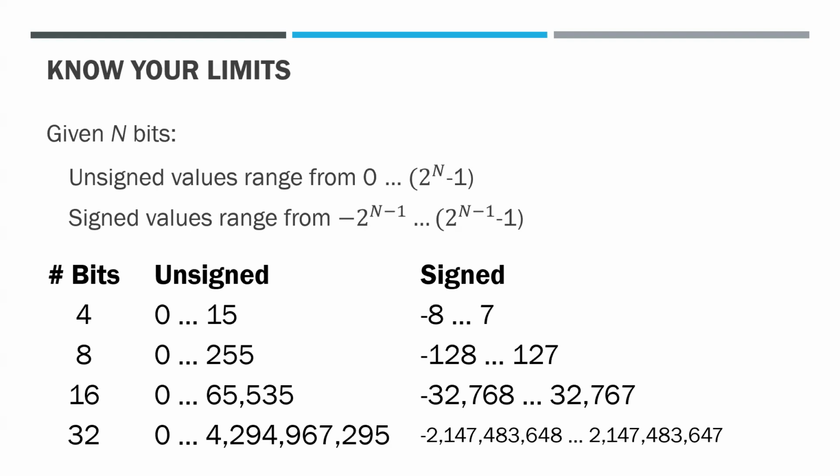I plan on coming out of retirement in the mid to late 2030s and making a lot of money fixing those computers. But we'll see how my retirement planning goes. Okay. So numbers can be signed, which means they can range from negative to positive, or unsigned, and you need to know which one you're dealing with.